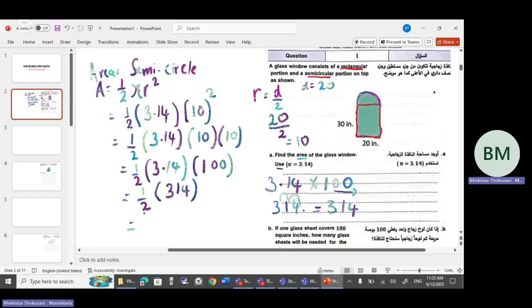Now I'm just looking for half of 314. So in other words, what is 314 divided by 2, which is going to give us 157.